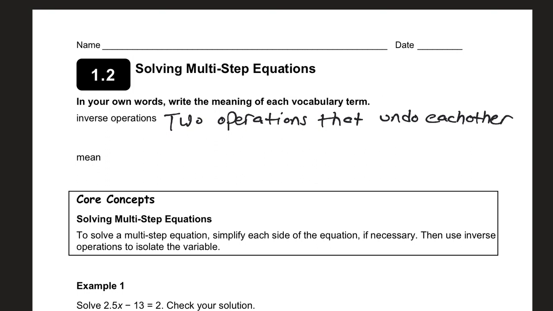And then one other word that we'll see later today is the word mean, which is where you're going to add all the values together.